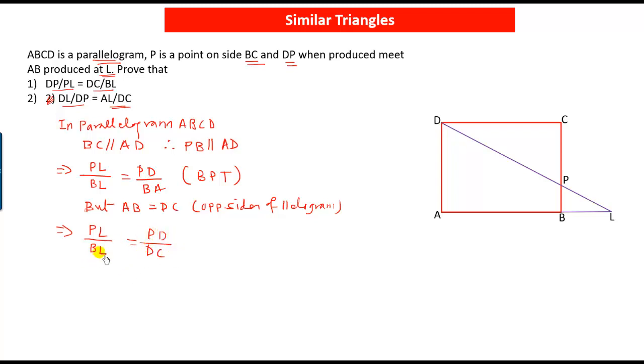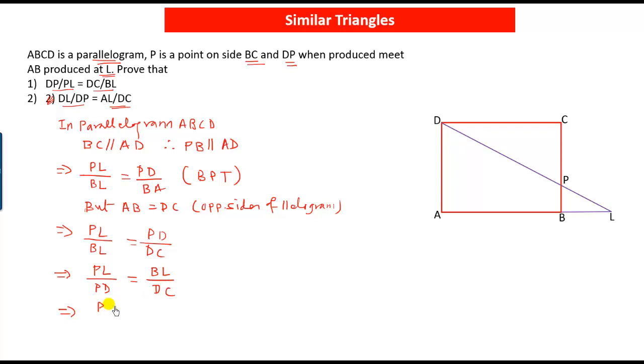Now take PD to this side and BL to the other side. So PL upon PD is equal to, sorry, take BL to this side, so it will be BL upon DC, and therefore PL upon PD, but we want PD upon PL, so take the reciprocal of both sides.